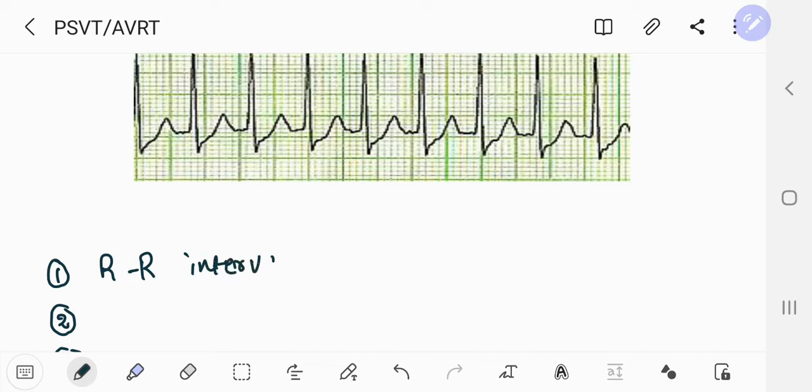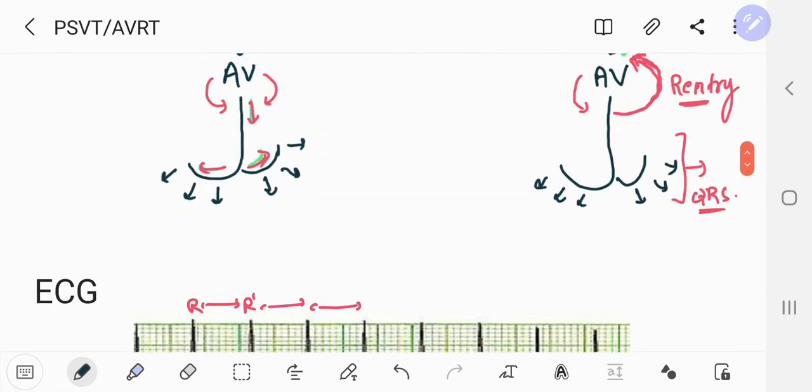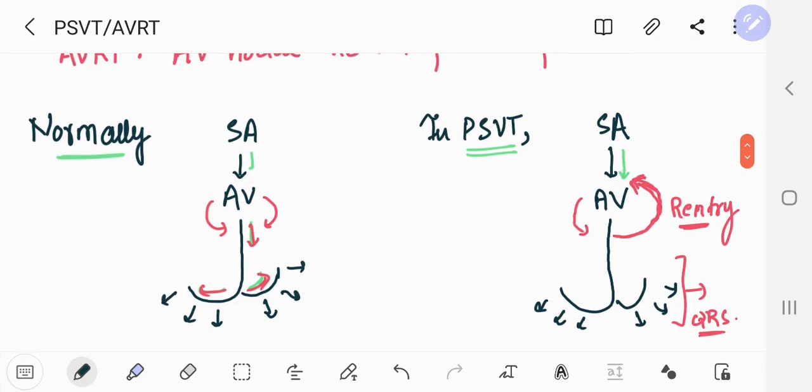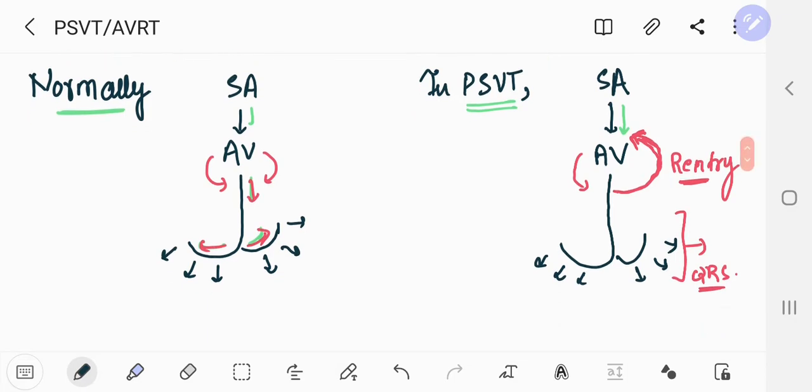Why is it shortened? Because of increased heart rate. Why? Because there is re-entry of the impulse into the atria. So before the ventricles could contract completely, the impulse enters back into the atria, then atrial systole, diastole, and ventricular systole, diastole. So that's why heart rate is increased, right?